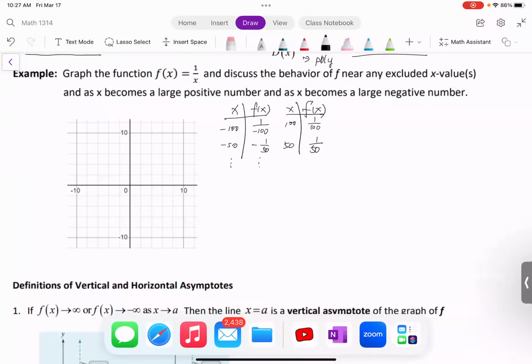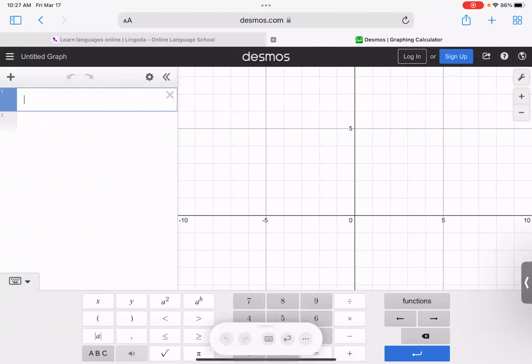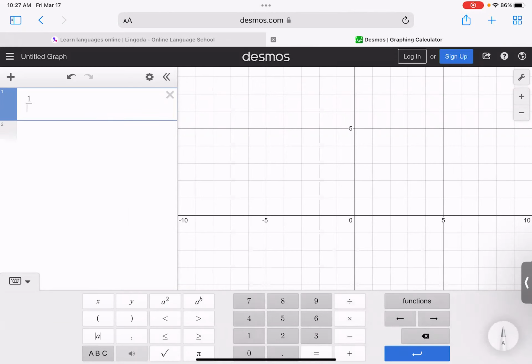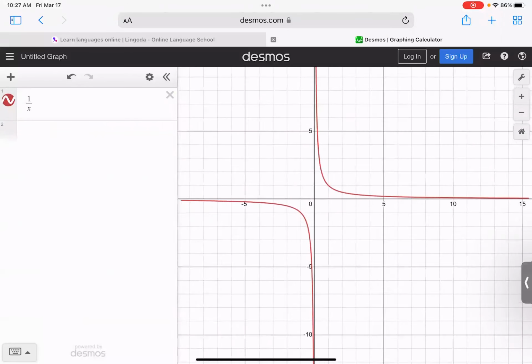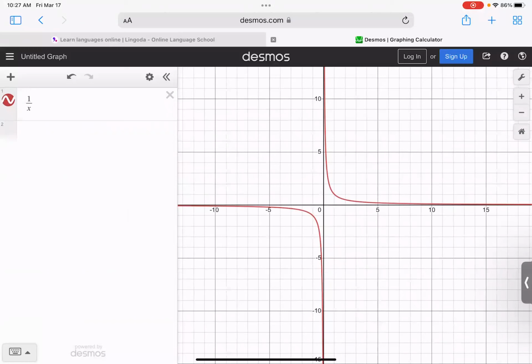I can use new technology. Let's use desmos.com. Let's input 1 over x, 1 divided by x. It shows us the graph. It's a beautiful curve. And we see 2 special lines in the graph. So the right curves, they are the graph of the function.